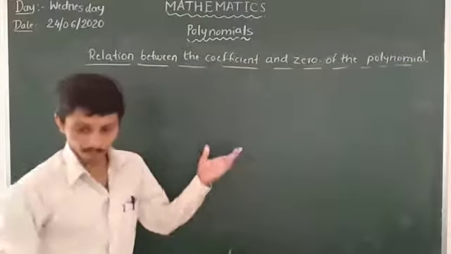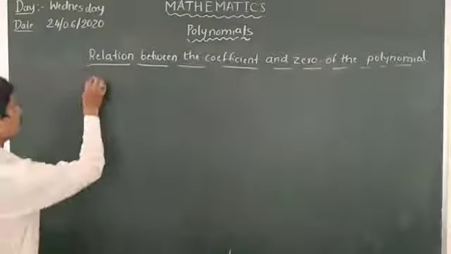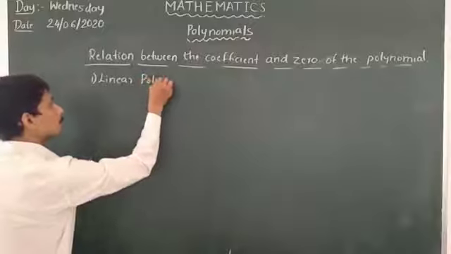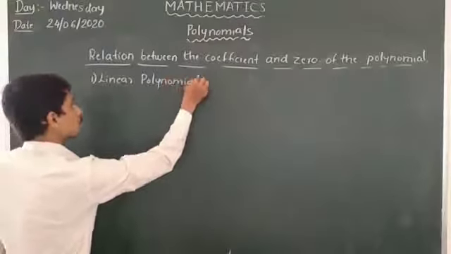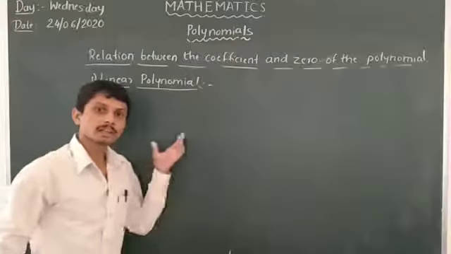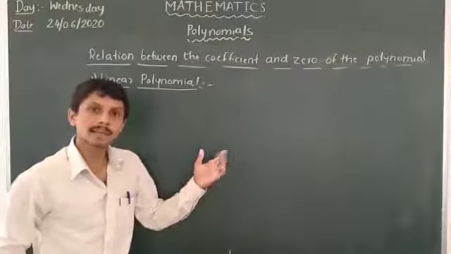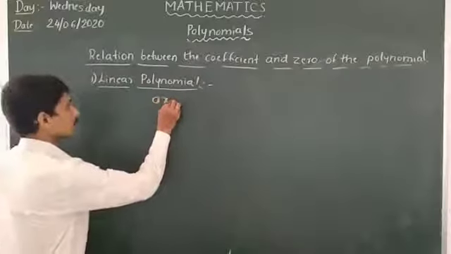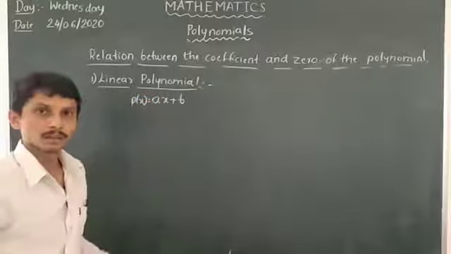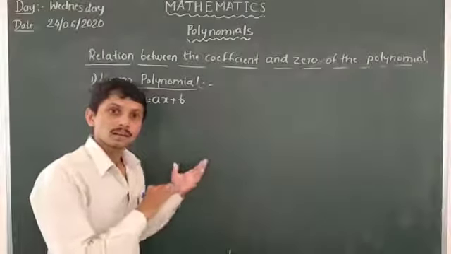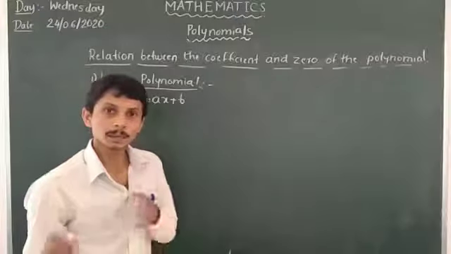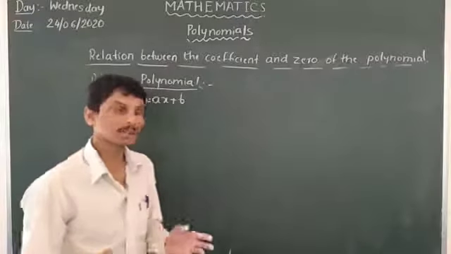We are taking a linear polynomial. We already know that a linear polynomial can be expressed in the form p of x is equal to ax plus b. When p of x is equal to 0, that value of x is the 0 of the polynomial.